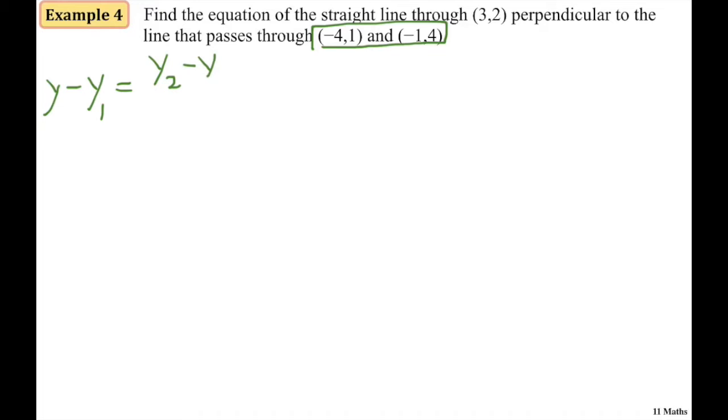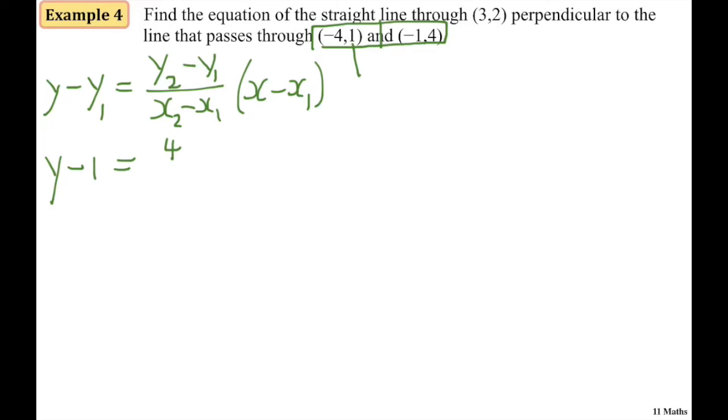y - y1 = (y2 - y1)/(x2 - x1) times (x - x1). Now, I've got my 2 points up here. It's y minus the y value of the first point, which is 1, equals the y value of the second point minus the y value of the first point, over the x value of the second point minus -4, which becomes plus 4, times x minus -4, which is x plus 4.